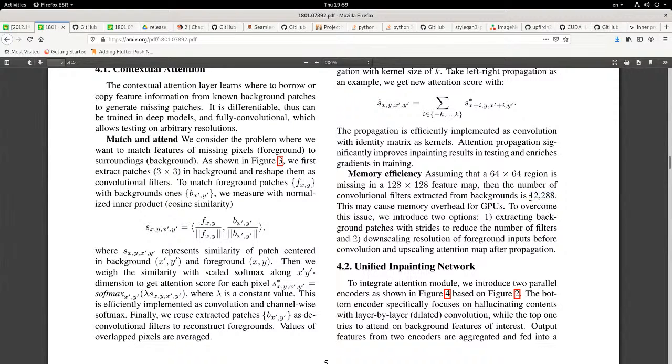Wait, the feature map is the photo, right? I want to see if I actually understand this. So the number of things extracted from the background.